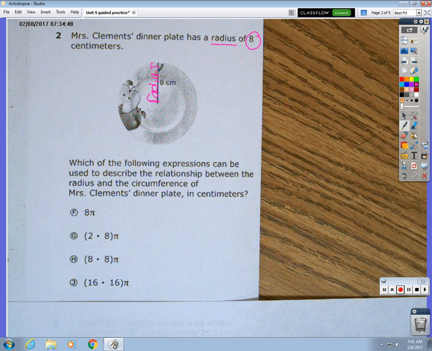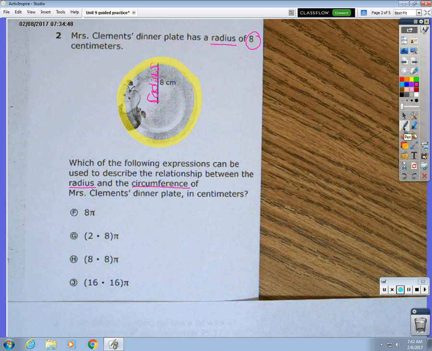It's asking us which of the following expressions can be used to describe the relationship between the radius and the circumference of Miss Clement's dinner plate in centimeters. And we know from our vocabulary that the circumference is the distance around the outside edge of this plate.